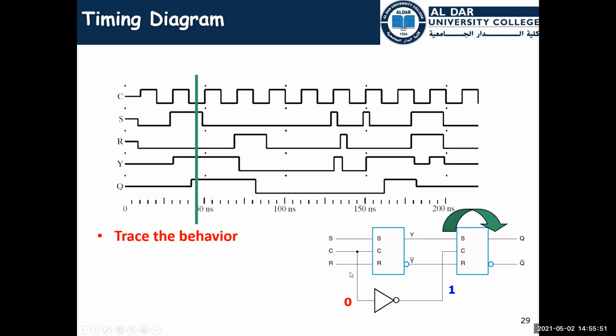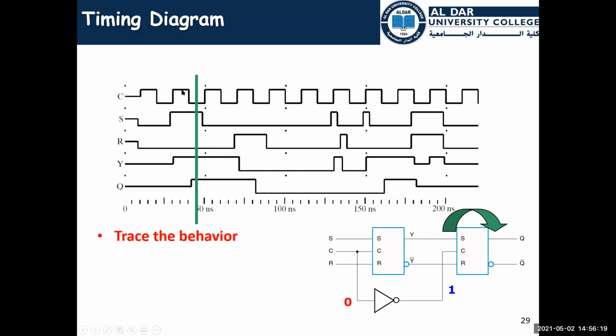Now the control, or the clock, is changed to zero at this level. This means this is disabled and this is enabled, and the value of Y, which is this one, will be moved to the output Q at the next level.